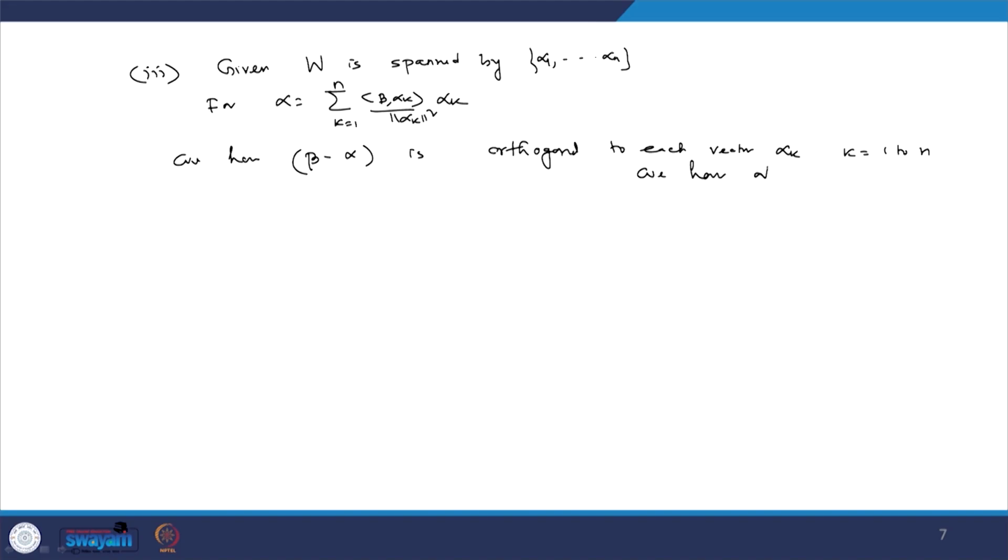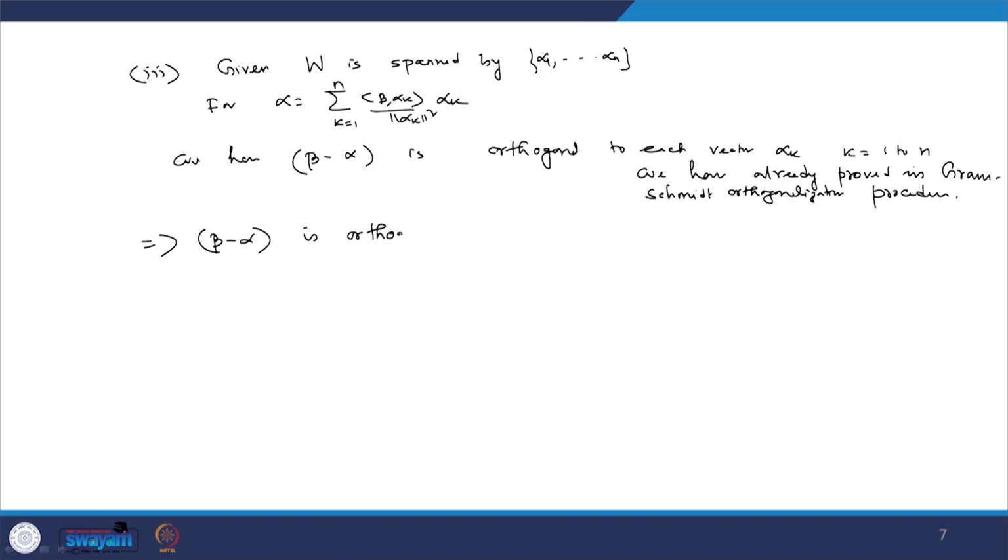We have already proved this in the Gram-Schmidt orthogonalization procedure. So, this implies that beta minus alpha is orthogonal to each vector in W, because W is spanned by these.